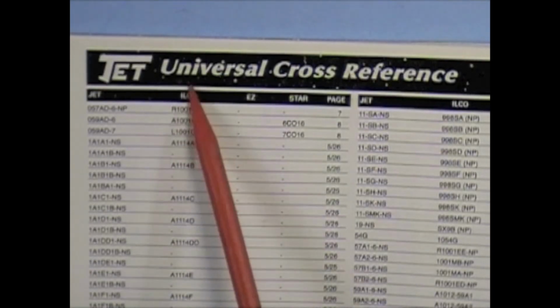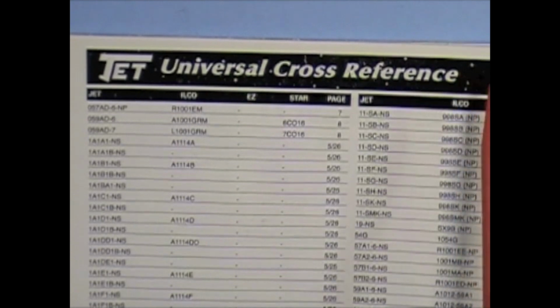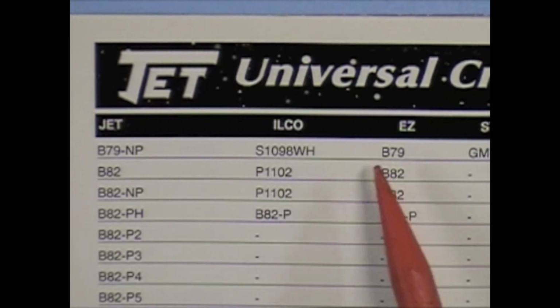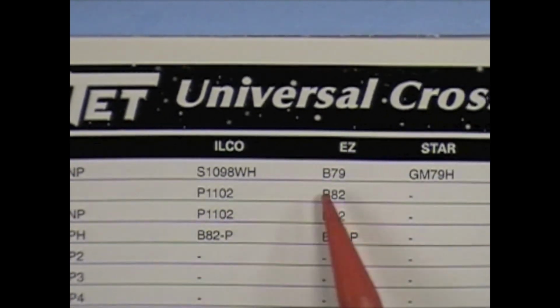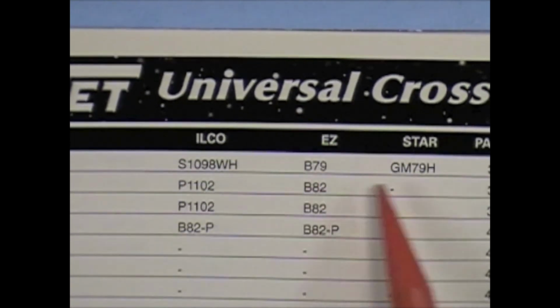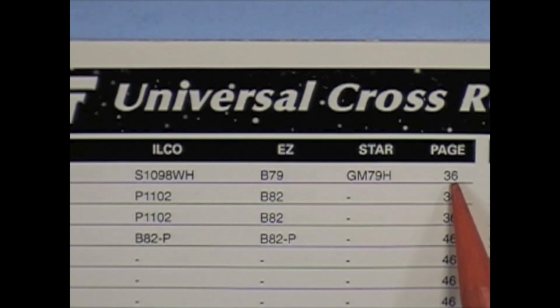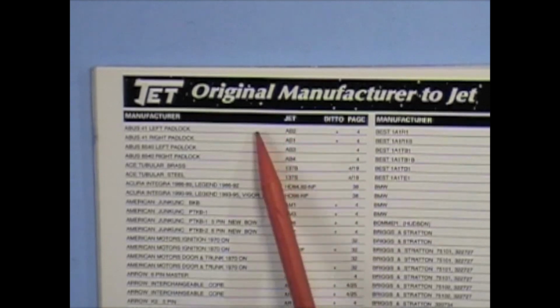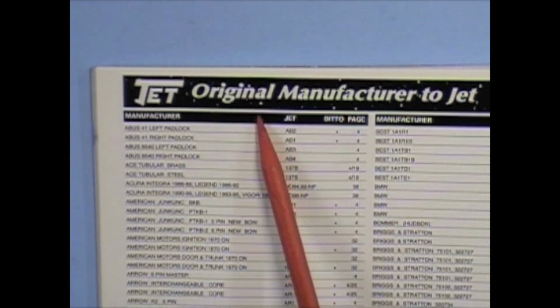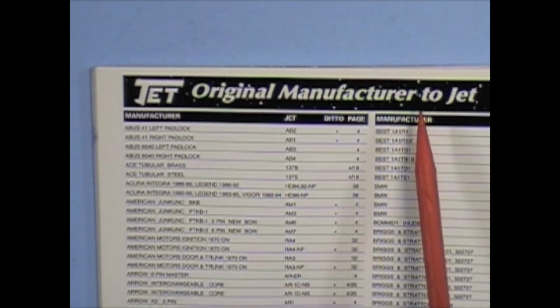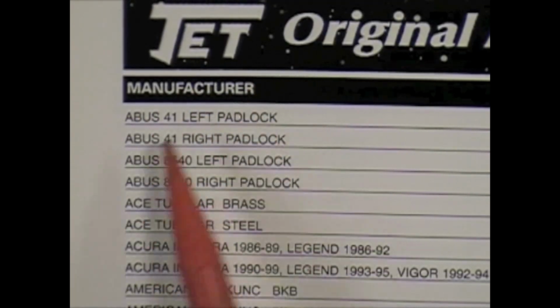This is the universal cross-reference. In the first column we have the JET key blank number, then it will show the ILCO number, then the EASY number, then the STAR number, and then what page you would find the key blank on in this specific catalog. This cross-reference contains the original manufacturer's number, so they can be converted to JET numbers. Notice here the manufacturer.